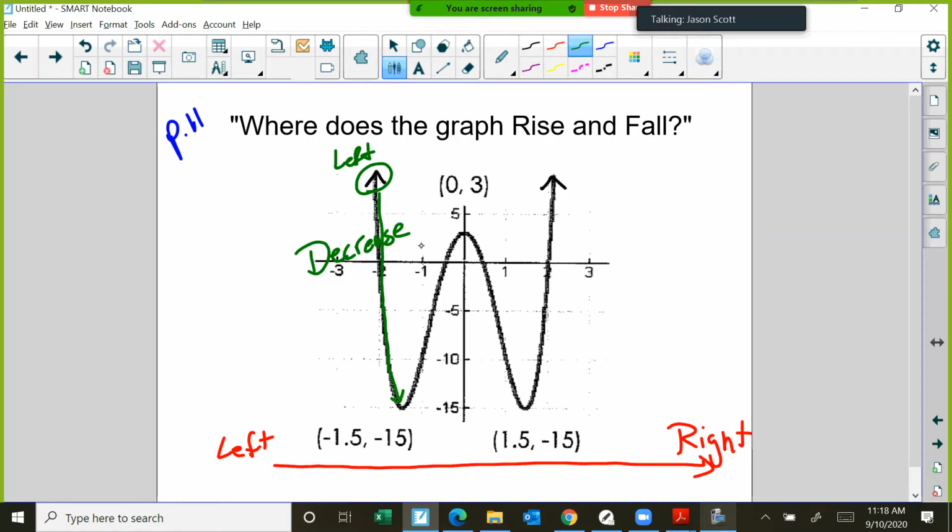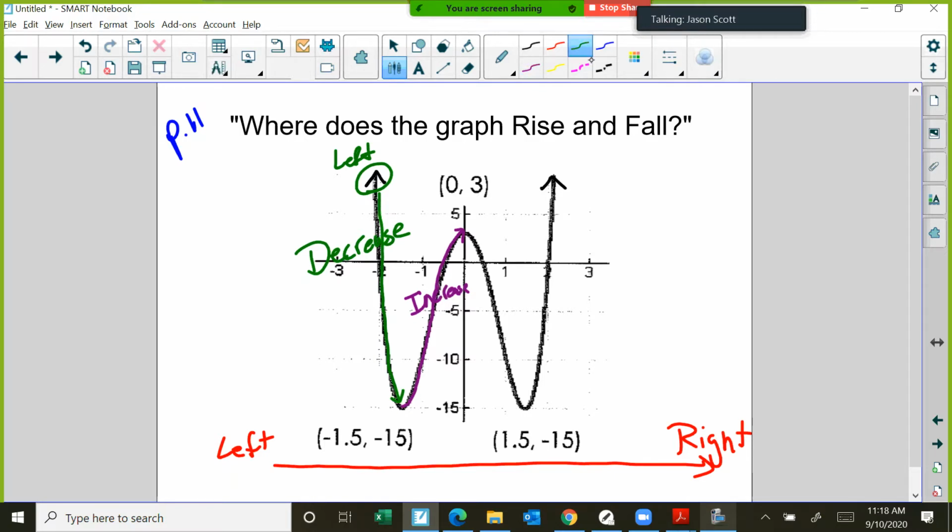If we continue to travel along this curve, it changes directions right here and goes up. Since it's going up, this is an increase section of the graph. So we will read the x values from where that part of the graph starts increasing to where it stops increasing.